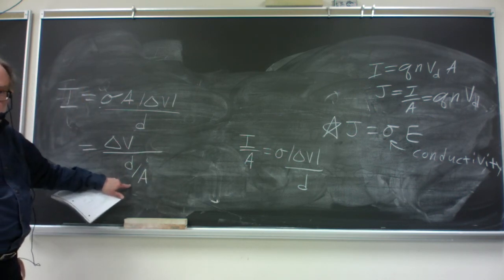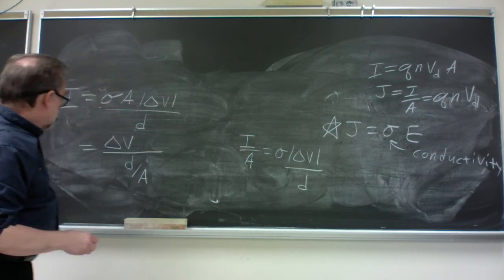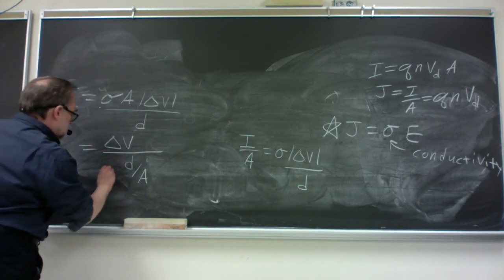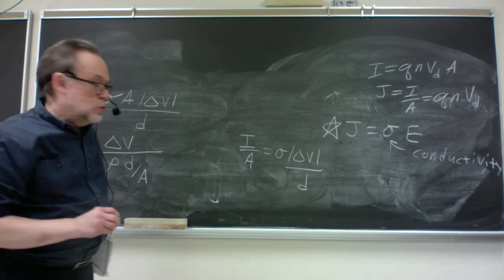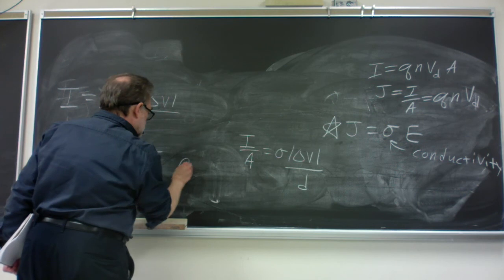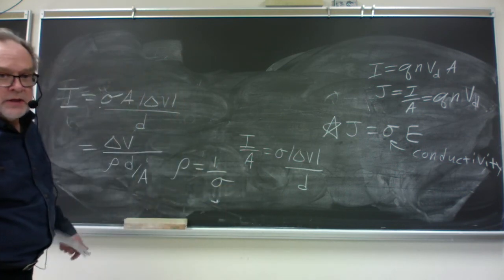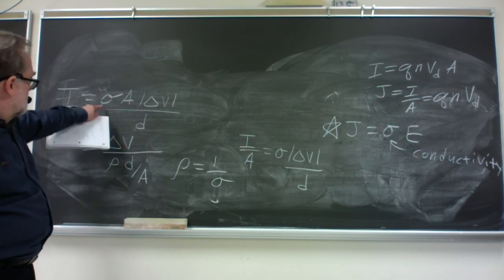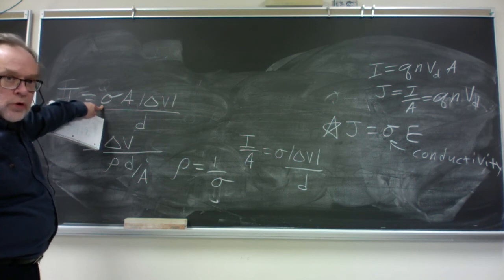One over area in the denominator is the same as putting area up in the numerator. And let me write a different symbol here, lowercase Greek letter rho, which is just the inverse of the conductivity. This is 1 over sigma equals rho.